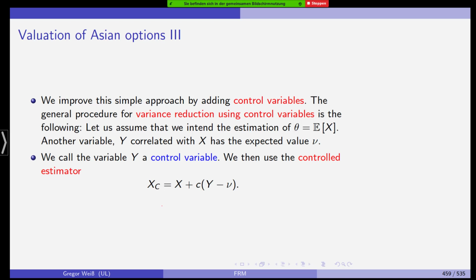We don't know anything else about what the correlation looks like. We only know that Y is correlated with X. So we call Y a control variable, and then have a look at the control estimator Xc equal to X plus c times (Y minus its expectation).